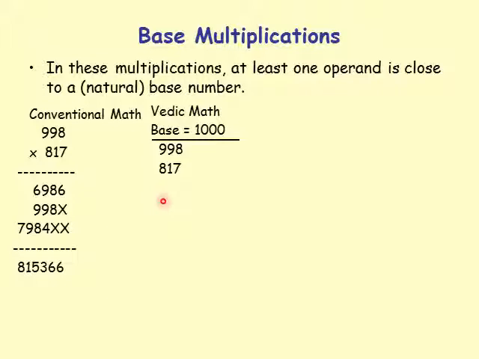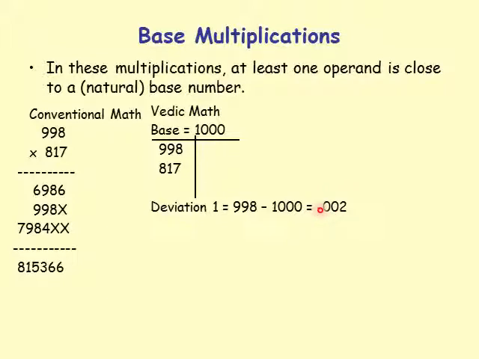Next we are going to compute deviations, the deviations of the two numbers from the base number 1000. Let's see how we define deviation. For deviation 1, 998 minus 1000 is minus 002. So the number minus the base is my deviation.